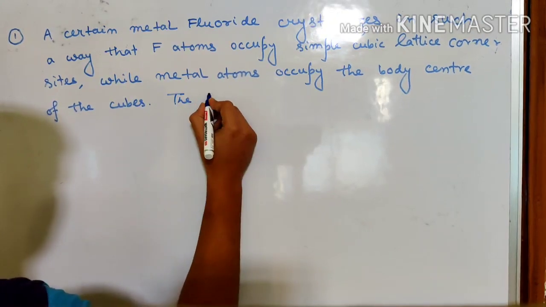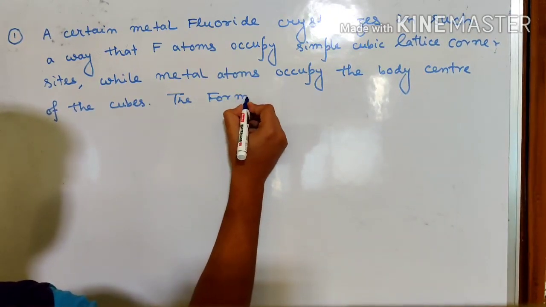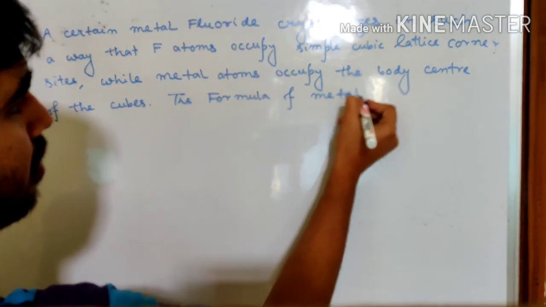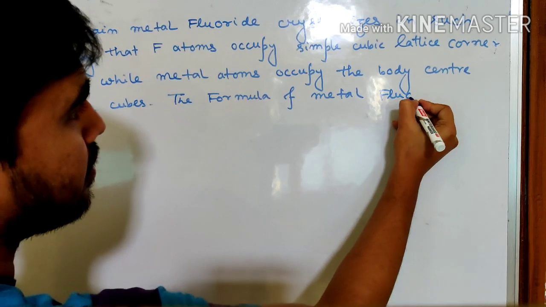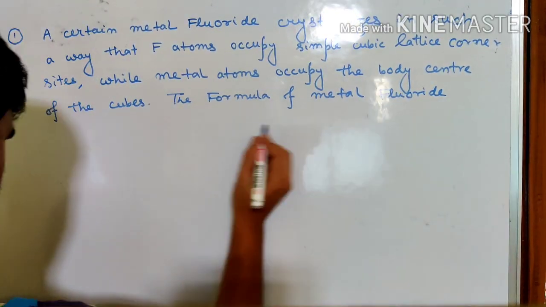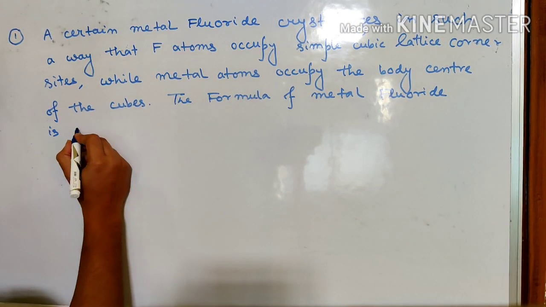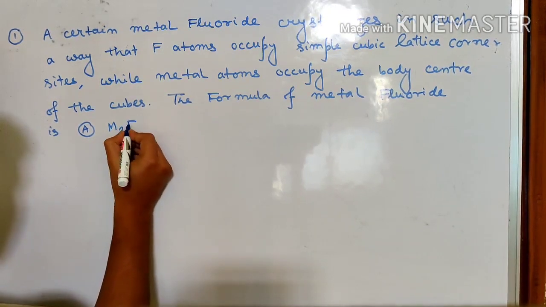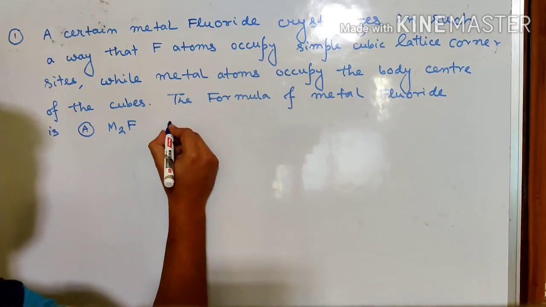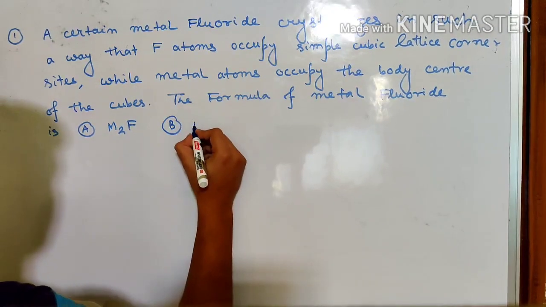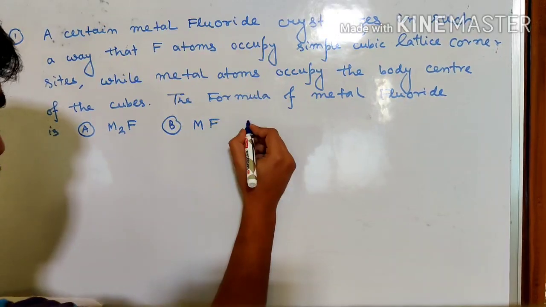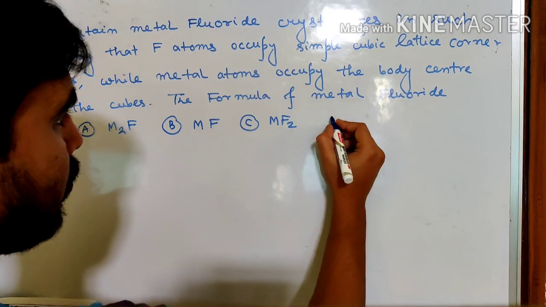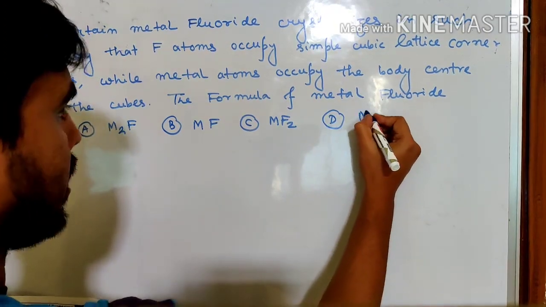Question is, the formula of metal fluoride is, 4 options were given. First one is M2F, second one is MF, third one is MF2, and the fourth one is MF8.